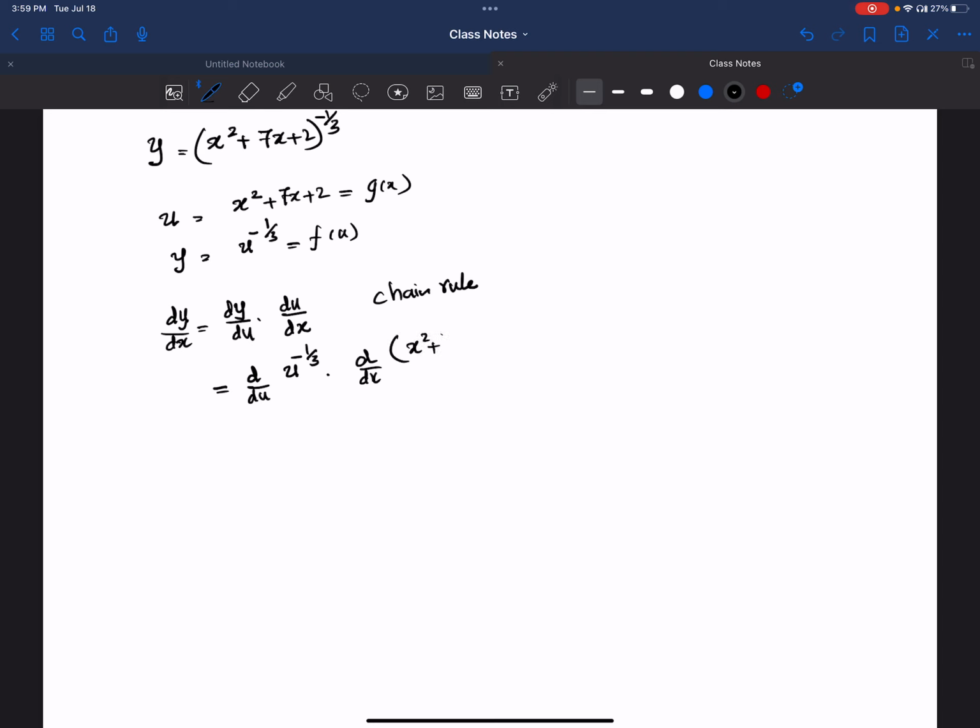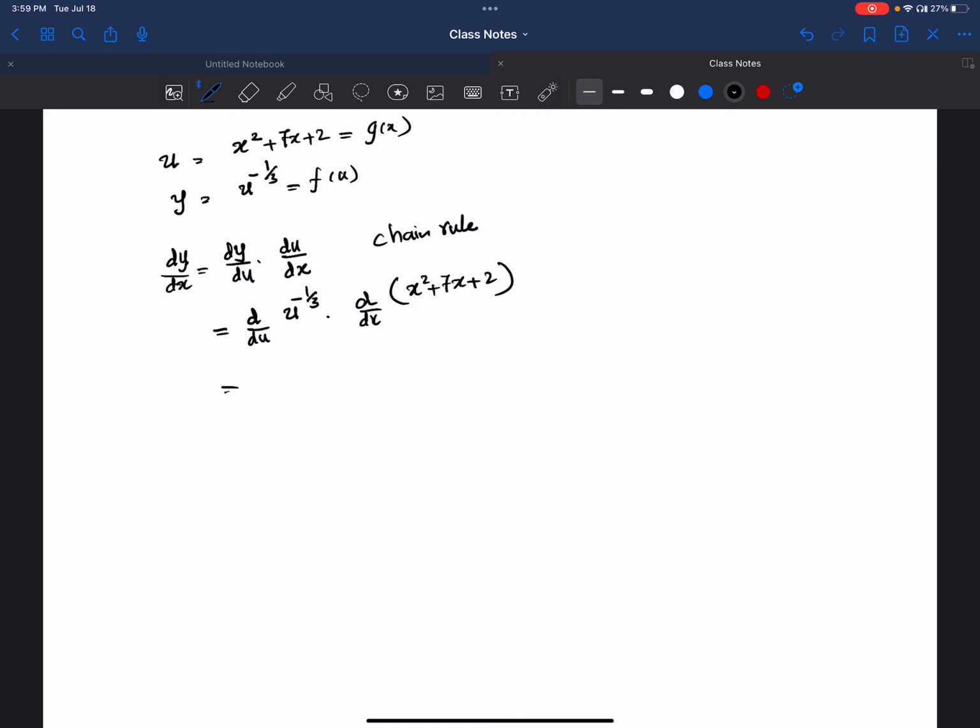So this is just like x to the power n. So you have negative one third times u to the power negative one third minus 1. And then you can use the sum rule: d over dx of x squared plus d over dx of 7x plus d over dx of 2.